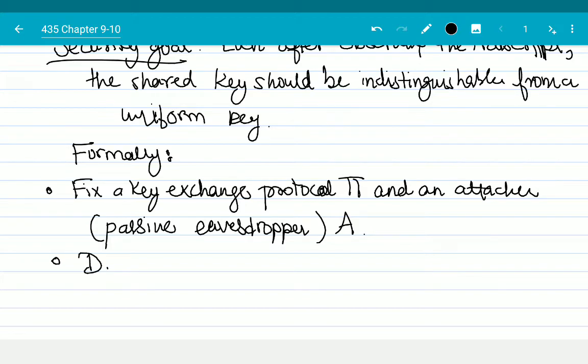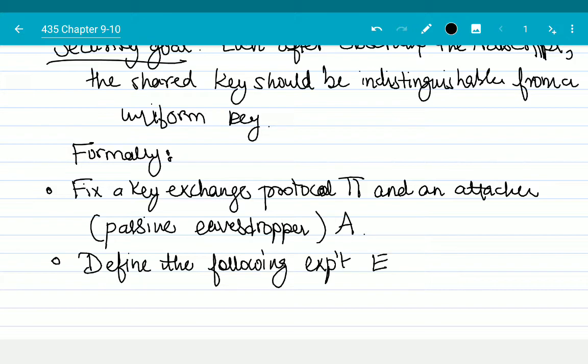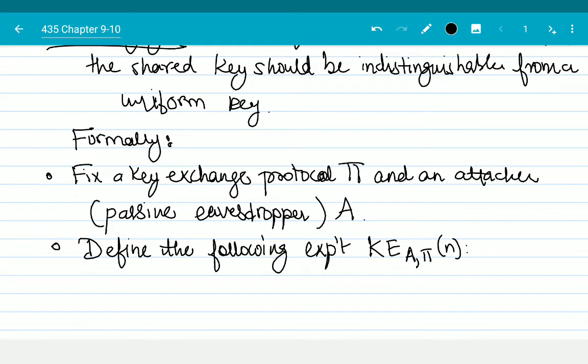Define the following experiment: the key exchange experiment of A with pi, and n.